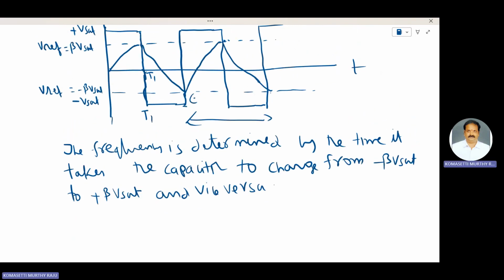Consider this portion: total time period, charging time period, the charging of the capacitor positively and the charging of the capacitor negatively. This one is positively, this one is negatively.